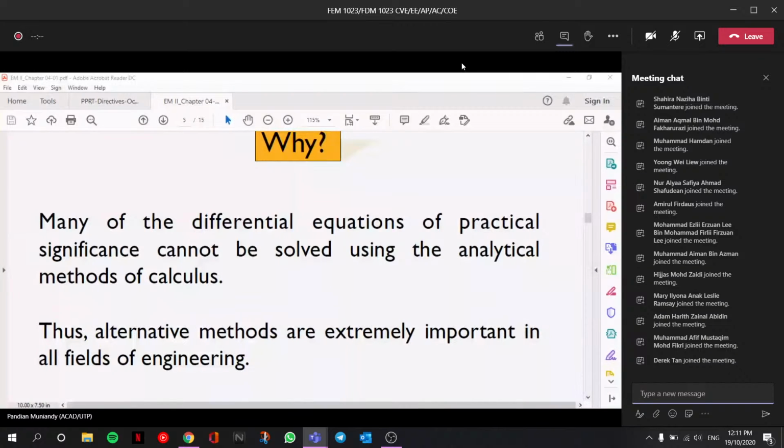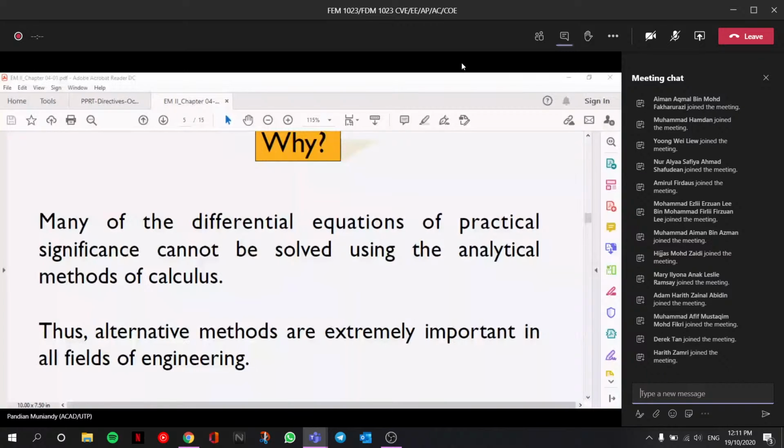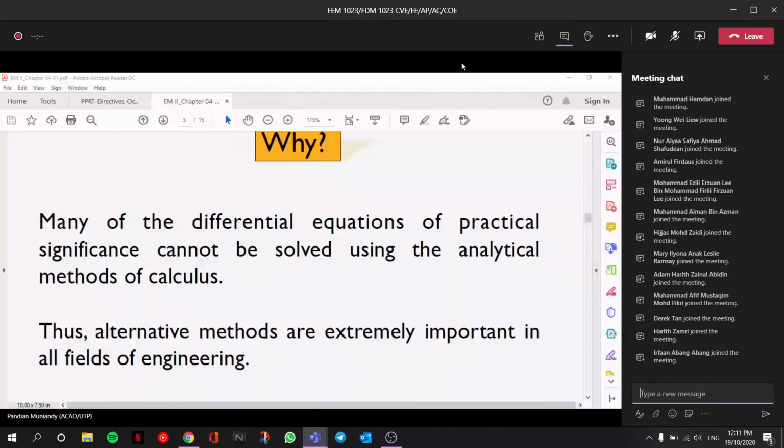The analytical method of calculus, in your context, what you have studied in the past 5 weeks, is about the separable method.